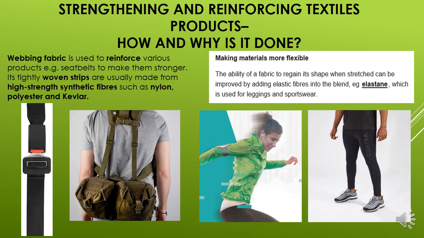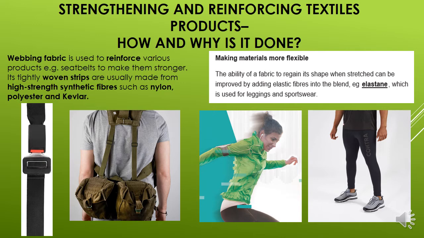Other ways to make textile fabrics stronger, usually for safety in this case, or for a performance reason like sport, we might use webbing. Webbing is like a very thick strap fabric, a bit like a belt, and it's used to make various products really, really strong. In the case of seat belts, that's obviously for safety.